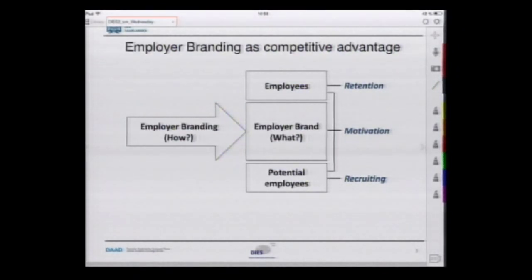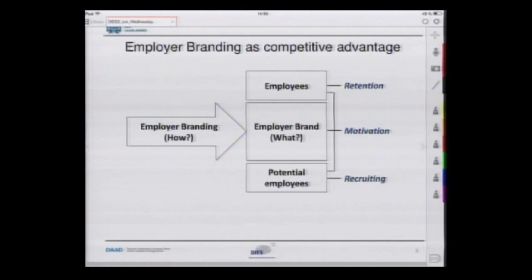So I have the questions above it. What is the brand? What are we talking about? And how is the process behind it? How to reach this brand? How can we get to this brand? These two things deal with motivation of your people, recruiting of new people, and retention, the keeping of your existing people.